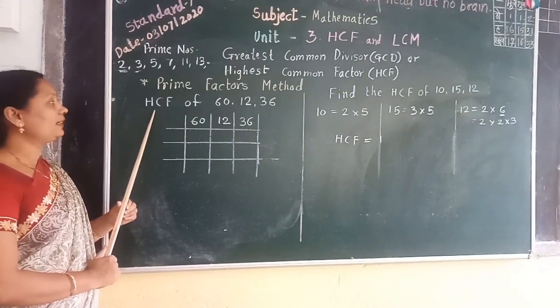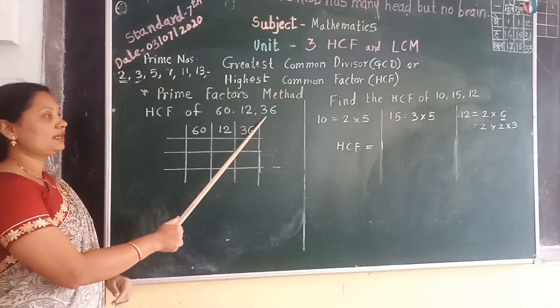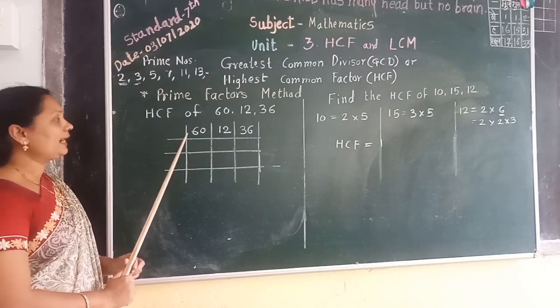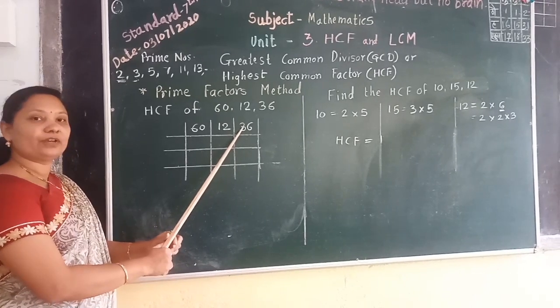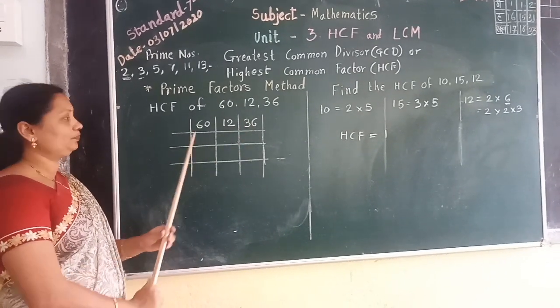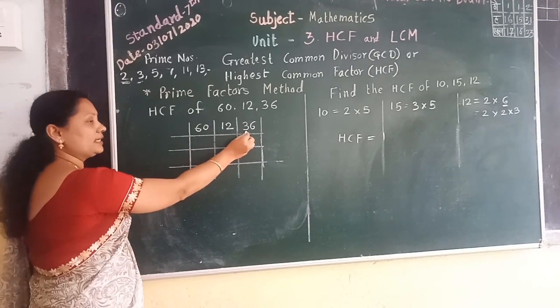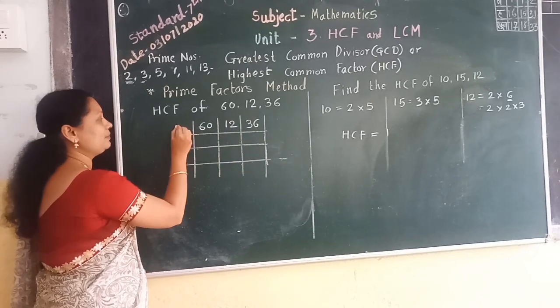Students, let us find the HCF of 60, 12 and 36 by a new method. It is also a vertical method. We write all these numbers in one line and now we are going to factorize them. First, 60, 12 and 36 are even numbers, so these numbers are divisible by 2.